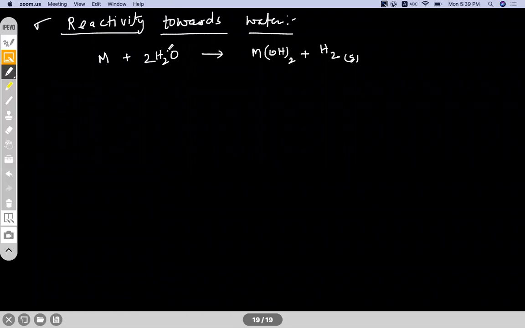So again, write down reactivity decreases down the group. Could you tell me, is the reaction of alkali metal with water exothermic or endothermic?